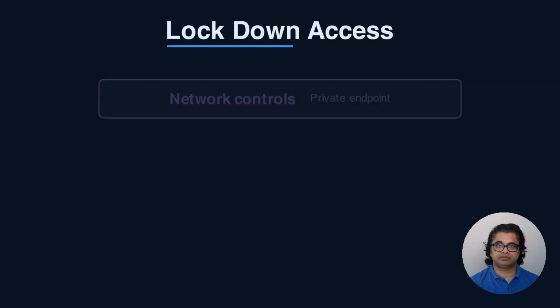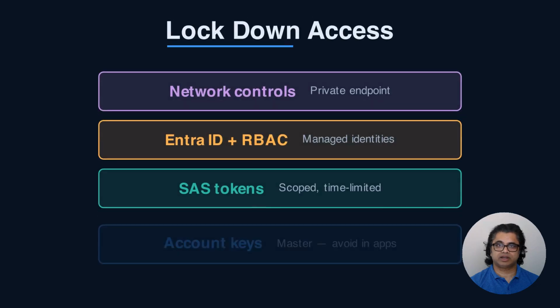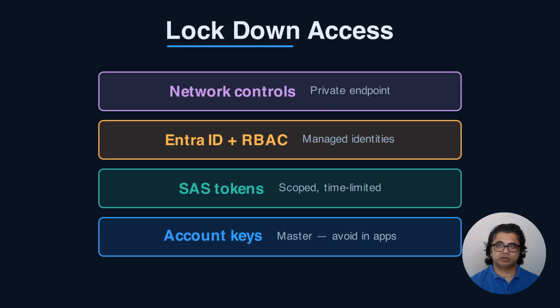Now secure it. You have 3 access models. Account keys are the master keys for the whole account. Treat them like root passwords and avoid handing them to apps. Shared access signatures, SAS, are scoped, time-limited tokens for narrow delegated access. Best practice for Azure workloads is Microsoft Entra ID with role-based access control, so assign data plane roles like Storage Blob Data Contributor to a managed identity instead of sharing keys.